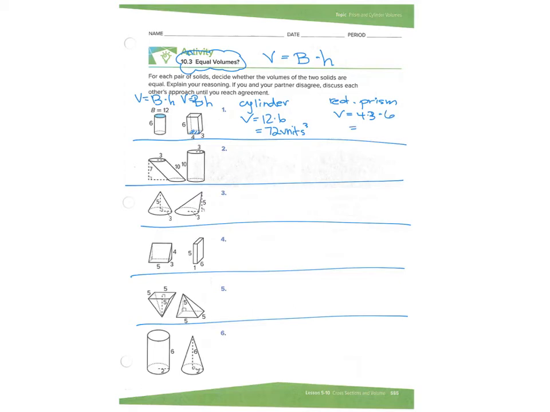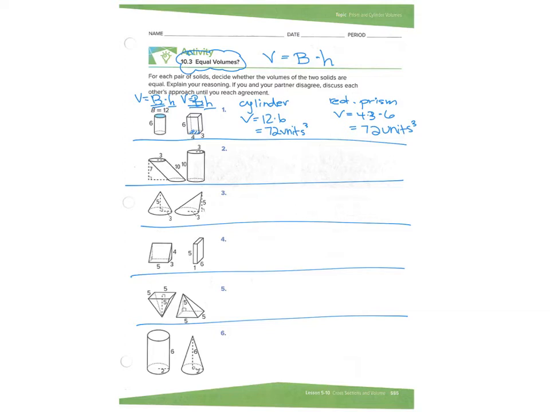So this is 12 times 6, or again, 72 units cubed. You can see since they had the same base area, since their big B's are both 12 and their heights are both 6, these two three-dimensional figures have the exact same volume.